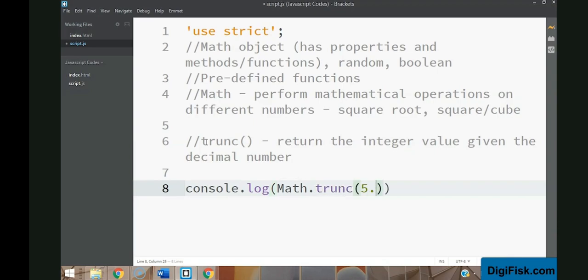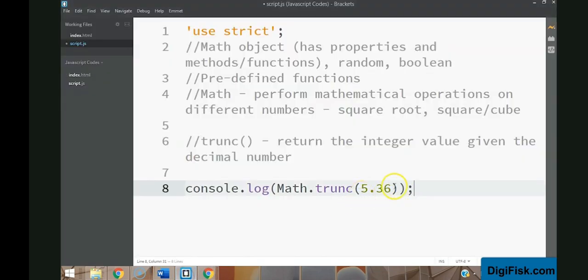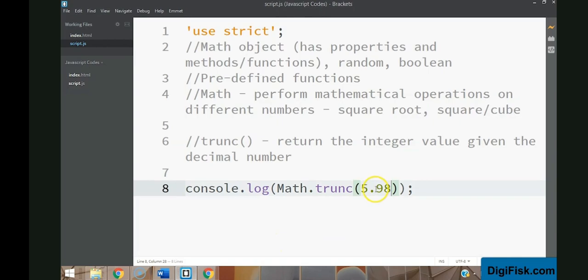Inside of this, if you give 5.36 or something like that, what are you going to get? You're going to get just 5. If I give 5.98 or something like that, I'm still going to get 5. It's going to just discard all of the decimal points, and it's just going to return the integer number, just that. Okay, so that's your trunc method.